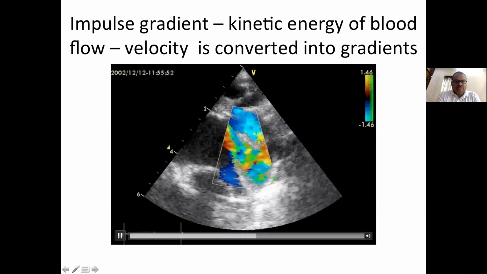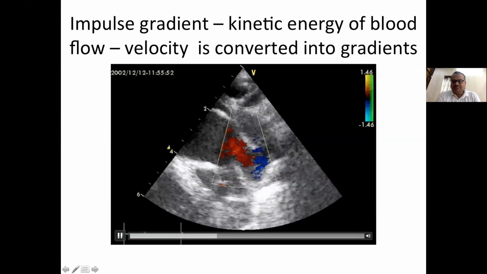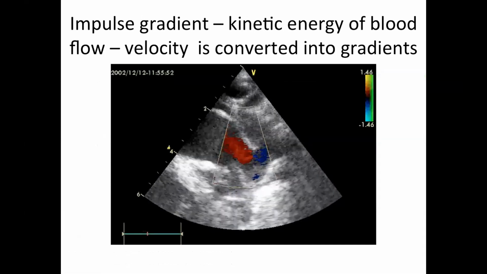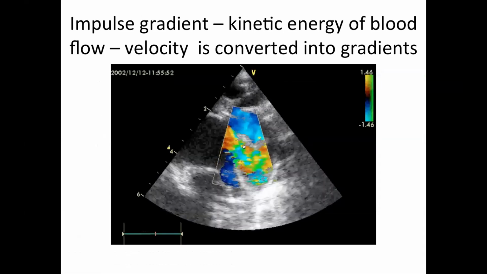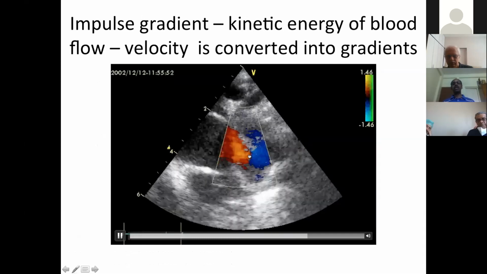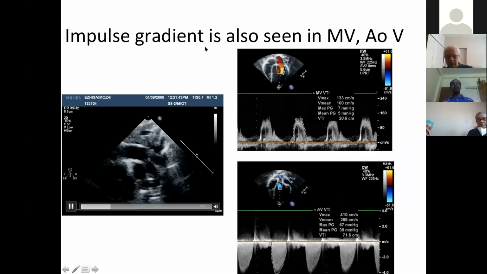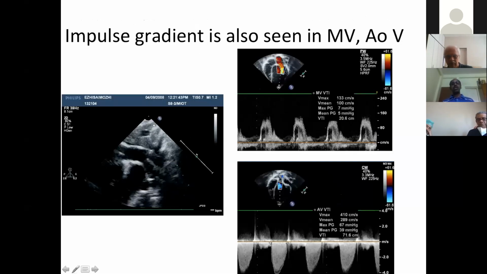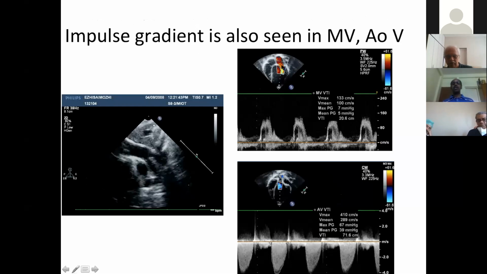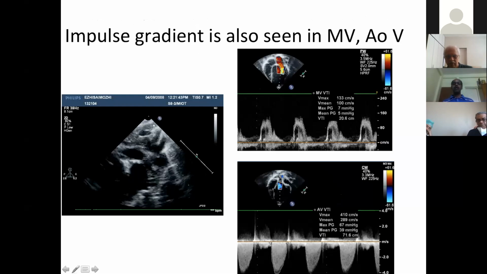The kinetic energy of the blood flow, the velocity, is converted into gradients by the echo Doppler principle, and Doppler gives a high velocity. Impulse gradient is also seen in the mitral valve in a large PDA. You get a sort of mitral stenosis. You have an aortic stenosis because of aortic valve gradient. All these are impulse gradients.